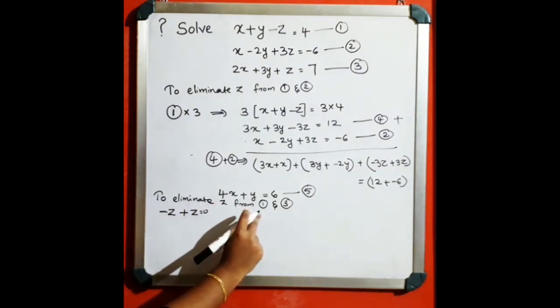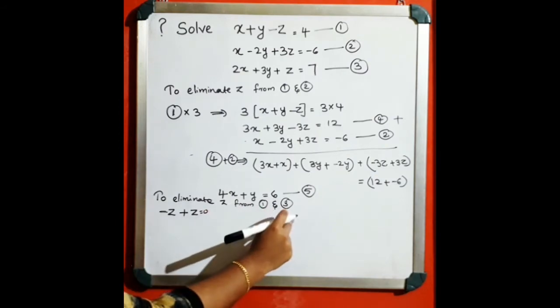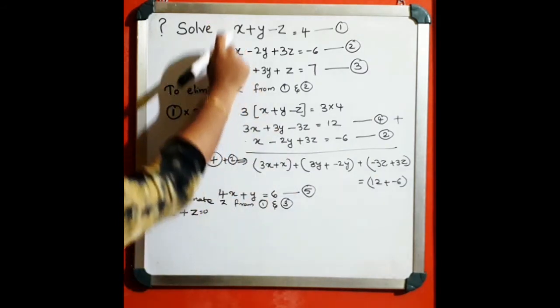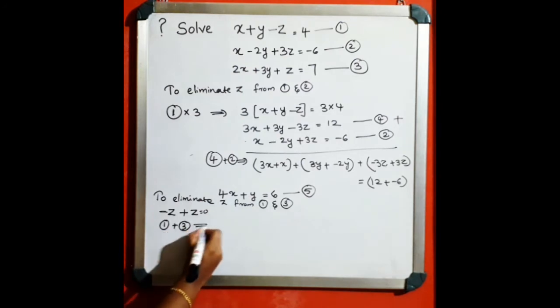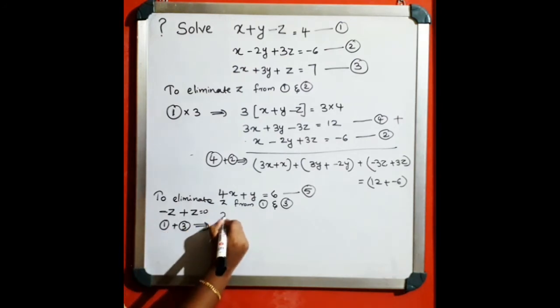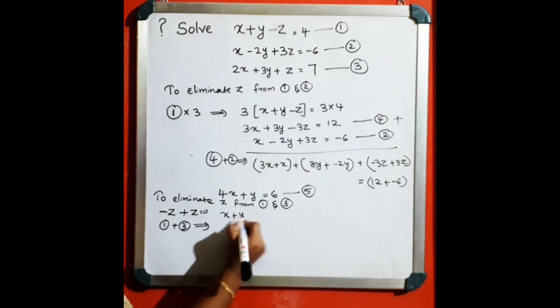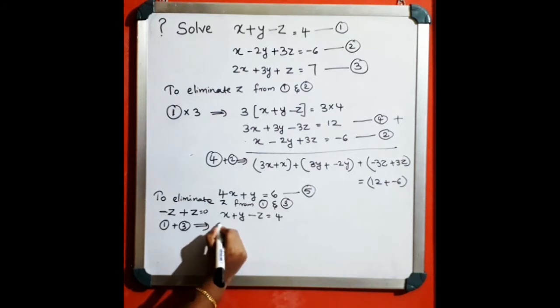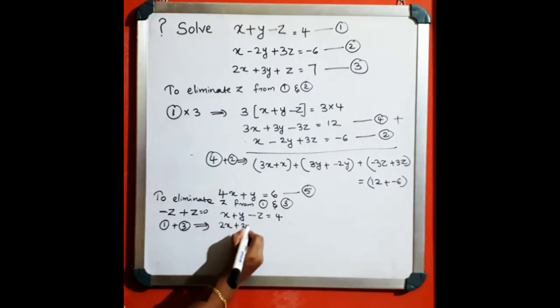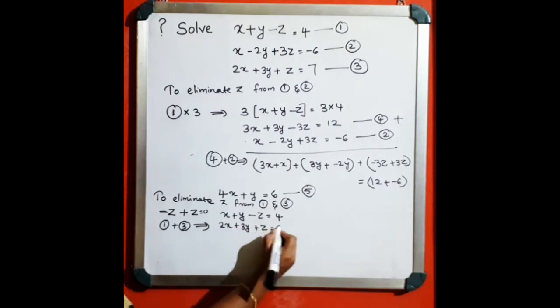So to eliminate z from equations 1 and 3, just add these two equations. That is, equation 1 plus equation 3 implies x plus y minus z is equal to 4, 2x plus 3y plus z is equal to 7.